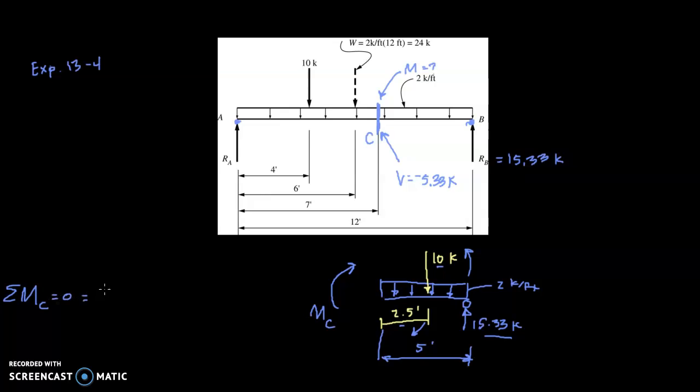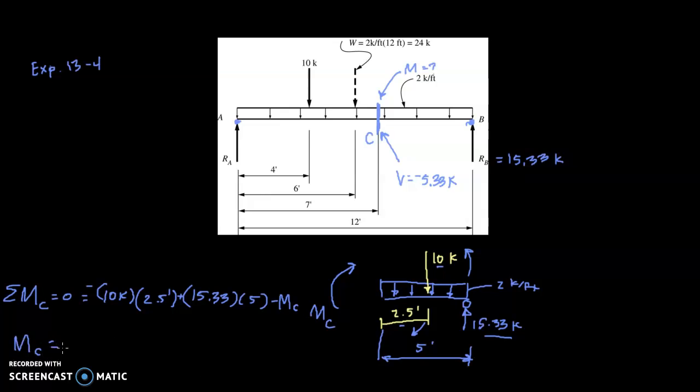And so those moments include 10 kips times a moment arm distance of 2.5 feet, and also the 15.33 kips times 5 feet. Again, this is negative, this is positive. Oops, let's undo that, sorry. And then also we're going to have the negative M_C, whatever that is, equal to 0.